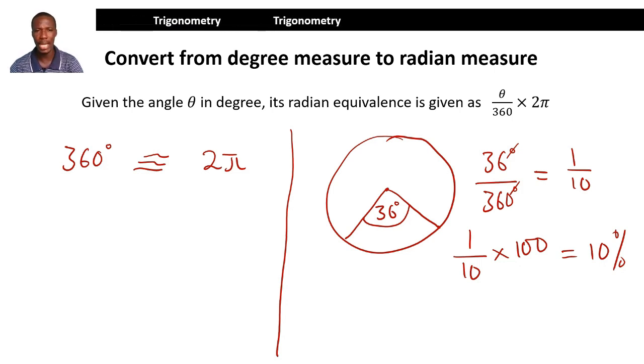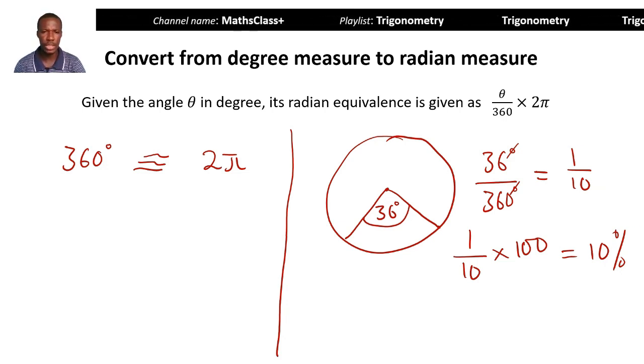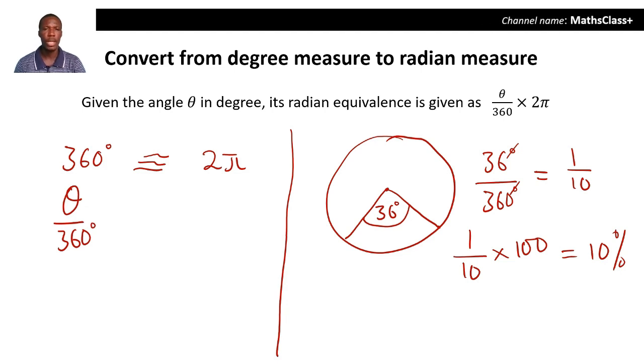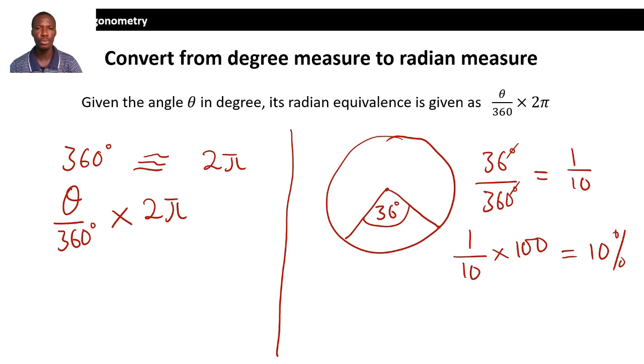We are bringing the same idea into converting from degree measure to radian measure. Okay, so if you are to convert, let's say, a value in degrees, and let's take theta to be the value in degrees that we want to convert, we need to find a fractional equivalence, which will be theta over 360 degrees. And then we multiply this by 2 pi, and when the degrees cancel out, our new unit will become the radian.